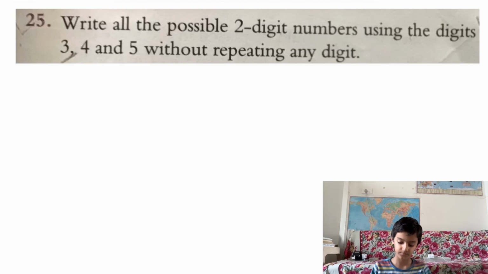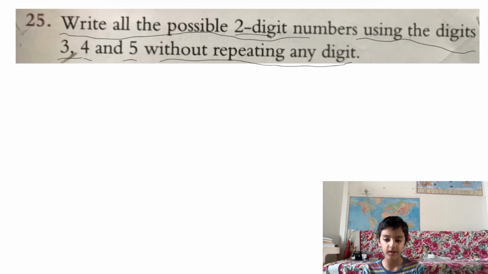First question. Write all the possible two-digit numbers using the digits 3, 4 and 5 without repeating any digit. Here in this question, they are saying that we have to write all the possible two-digit numbers using the digits 3, 4 and 5, and we have to obey this condition, which is we should not repeat any digit in any number.